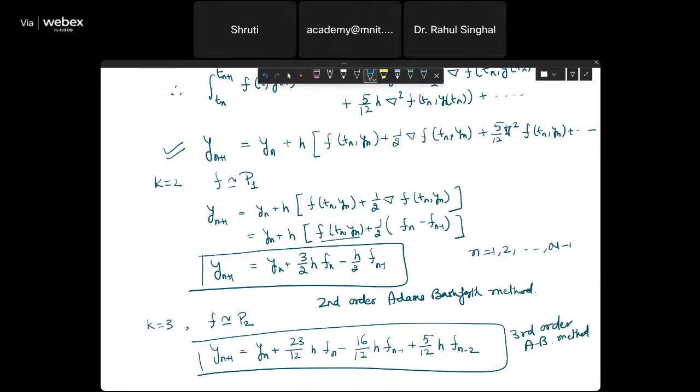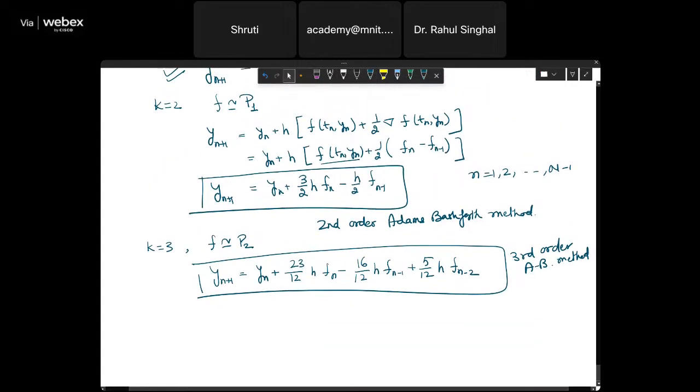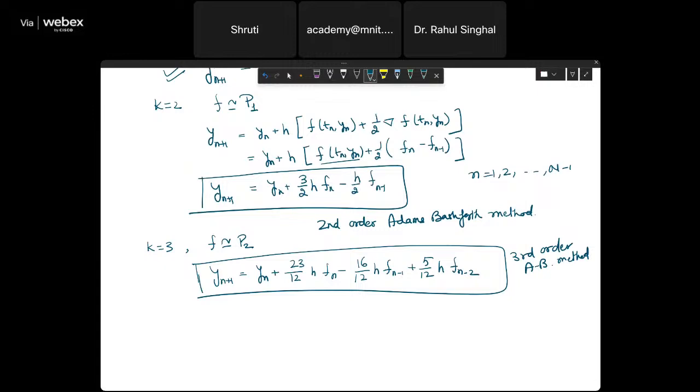Likewise we can do, and accordingly accuracy will be improved. You may note that if we take k equal to 1, meaning we are just interpolating f with a polynomial of degree 0, which means a constant, then this method will reduce to the Euler method, which is quite obvious, right?